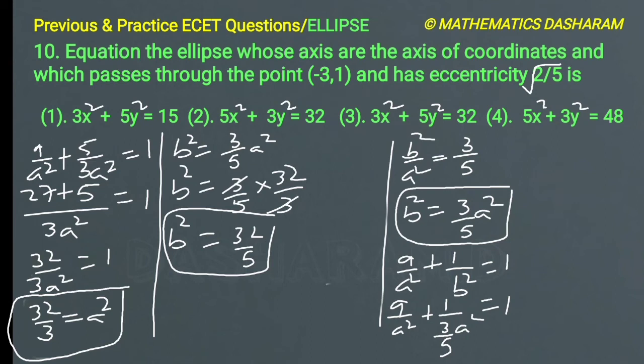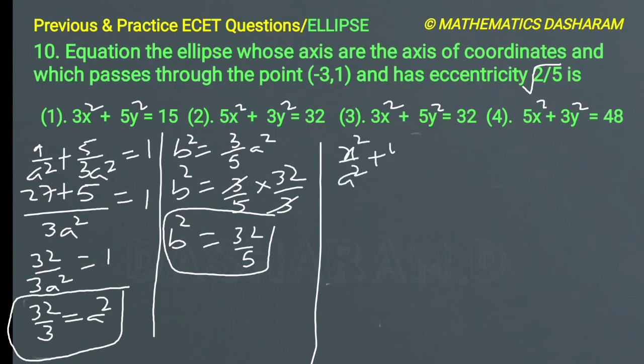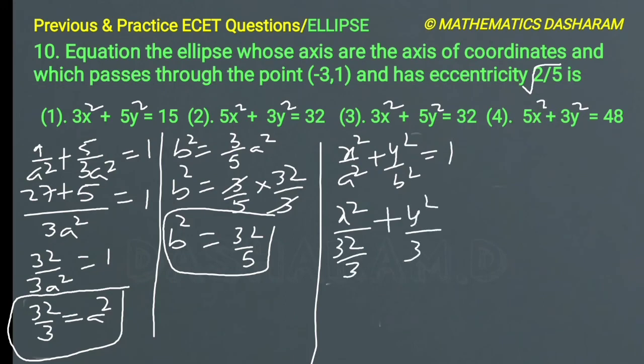Let us find out the equation of the ellipse. So use the standard form. What is the standard form? x square divided by a square plus y square divided by b square equals to 1. So x square divided by a square value, how much? 32 by 3. y square divided by b square value, how much? 32 by 5 equals to 1.